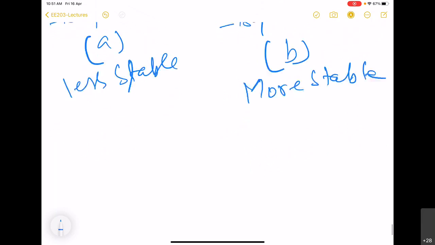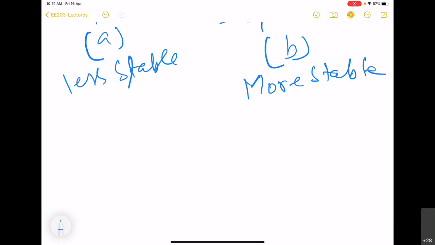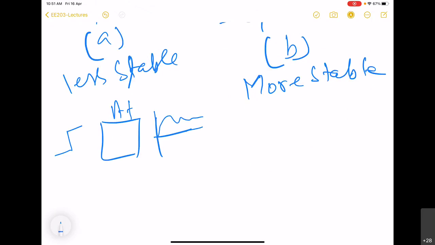So what will be the scenario in terms of output? If we have this feedback system with negative feedback, and we give a step response here, what we get on the output side is a response like this: there will be ringing, and then finally the output will settle.